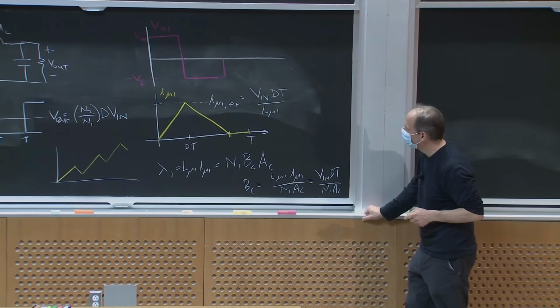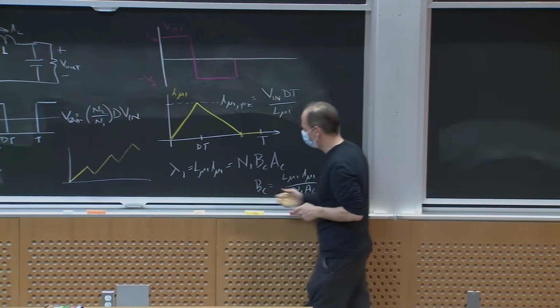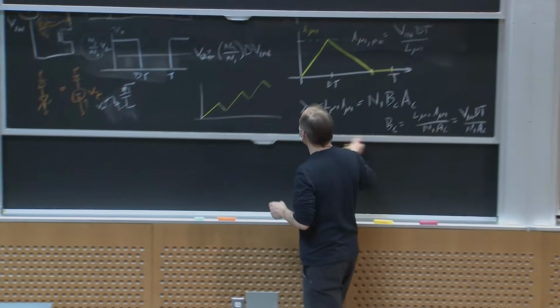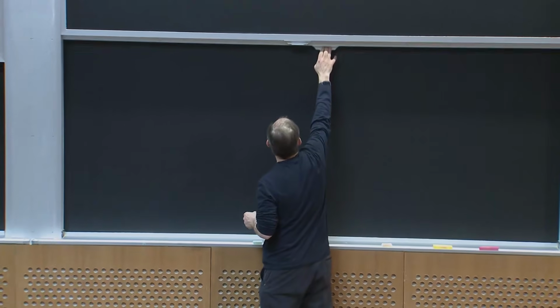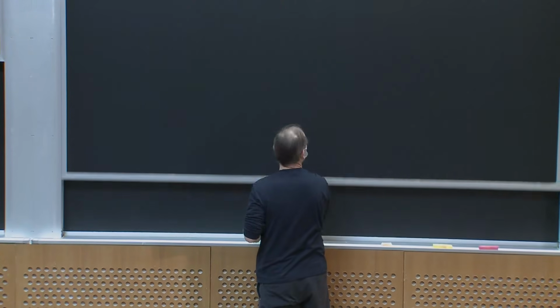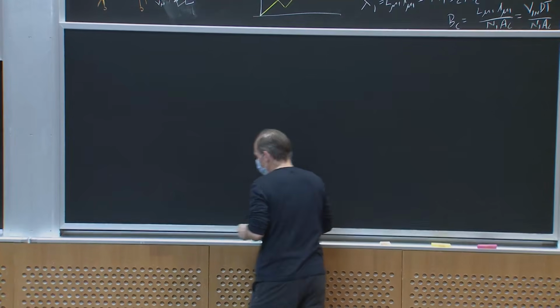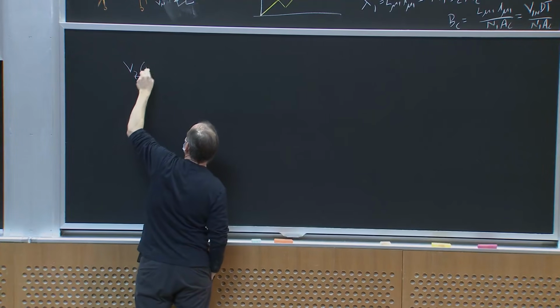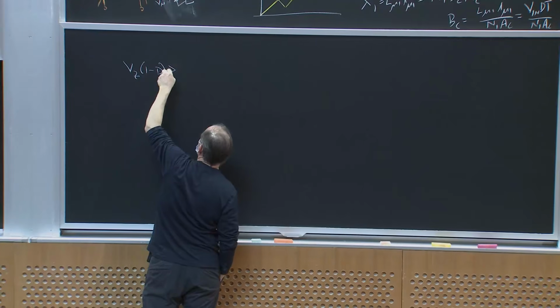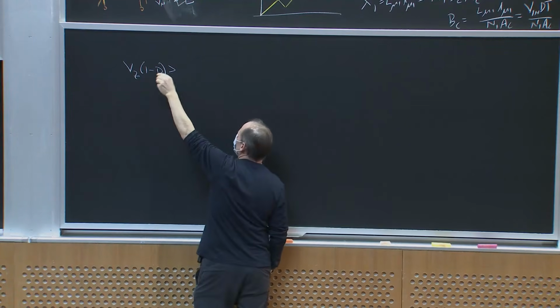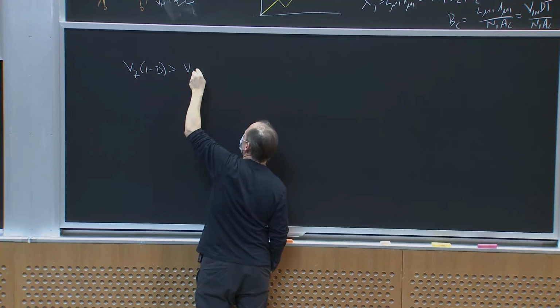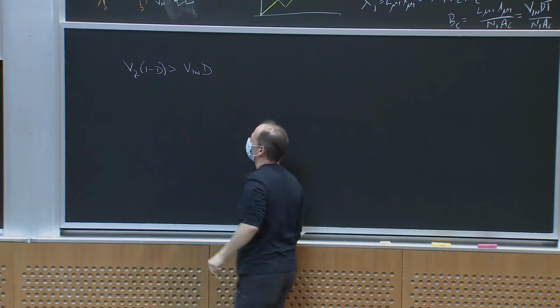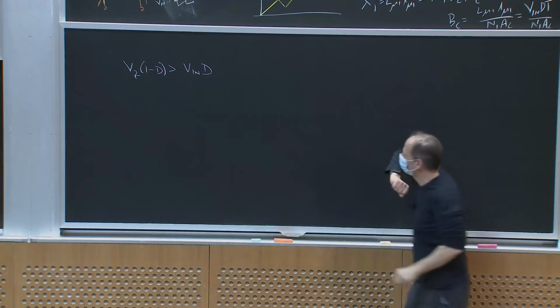So what do I need? What's the minimum Zener voltage I need to do this? What I need is Vz times 1 minus d has to be greater than Vin times d, in order for that volt-seconds to go to 0.